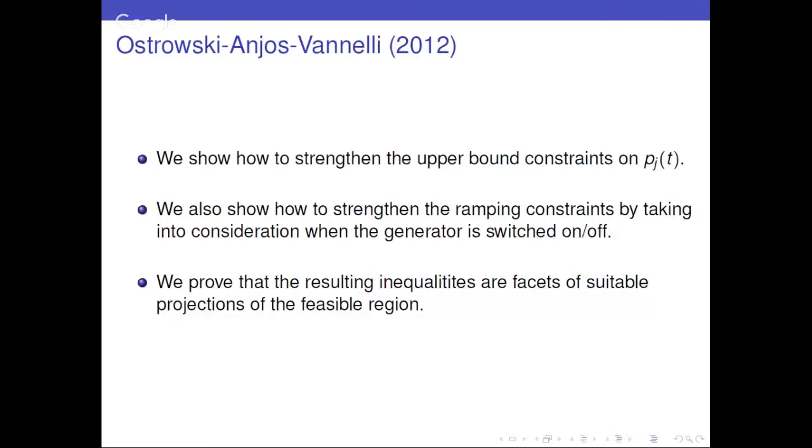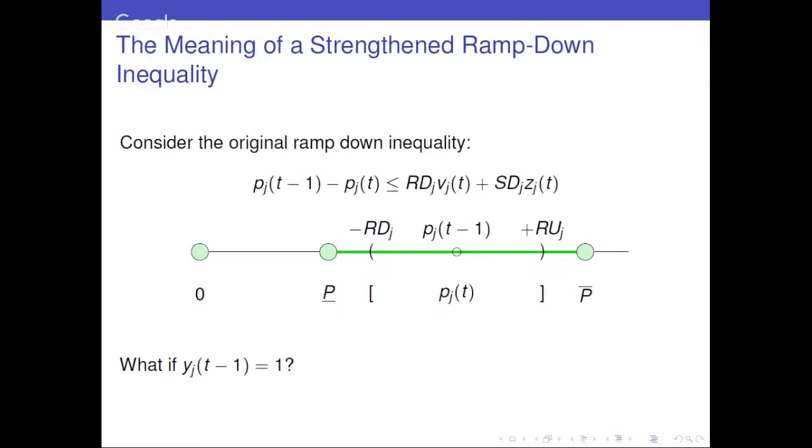And then for all of these strengthenings, we proved that the resulting inequalities are now facets of the appropriate projection of the feasible region of the original problem. So I won't go through all the algebraic details of the proofs, but I'll give you the insight by looking at one of the inequalities, which is this ramp down inequality.